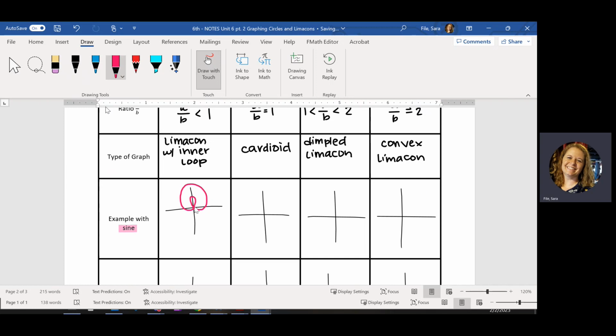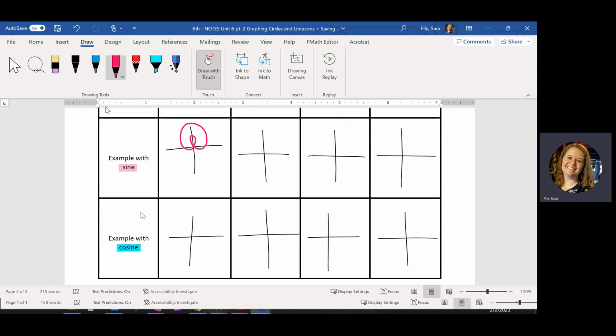Okay, so notice this does have pieces that come below the horizontal axis some. Okay, and then this inner loop comes in. So that's the general shape of a limacon with an inner loop. If it's sine. If it's cosine, it would be the same shape, but drawn along the x-axis this way.